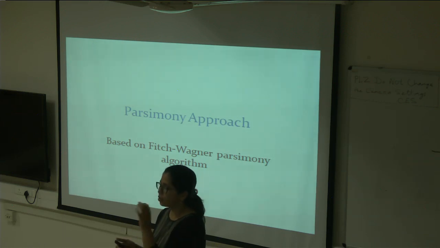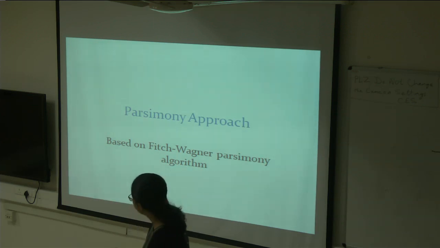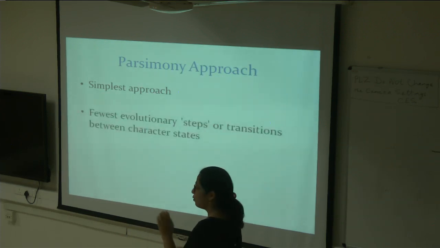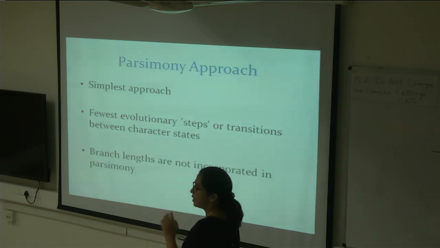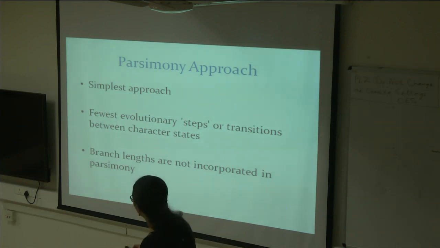Minimum number of steps should be able to tell you the trait distribution that you see in the phylogenetic tree. It's the simplest approach: think about the fewest evolutionary steps to explain the trait distribution on your phylogeny, and branch lengths are not incorporated in this approach, and we'll come to that in a minute.